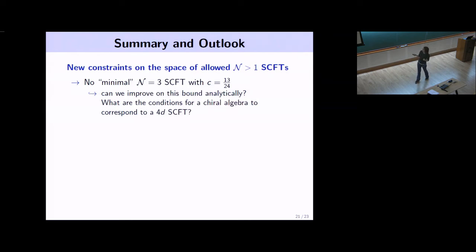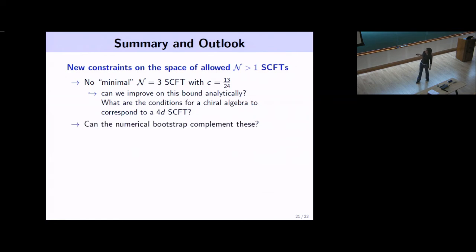And this goes into a much bigger question, which is not fully answered till now, which is the conditions for a chiral algebra to correspond to a 4-dimensional SCFT. So the example of why this theory with this central charge failed to be a 4-dimensional theory is a first non-trivial example of what can go wrong when you try to lift, but the full set of conditions is not fully understood yet.